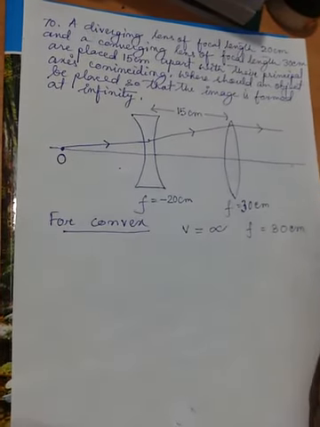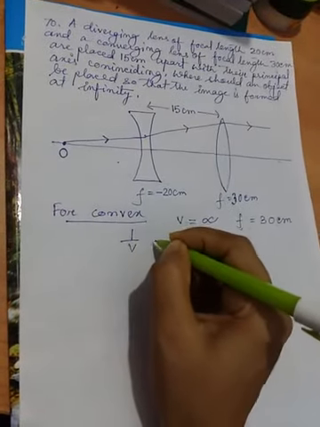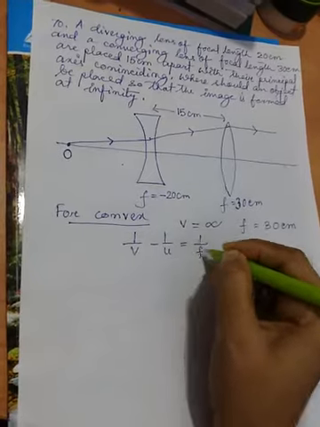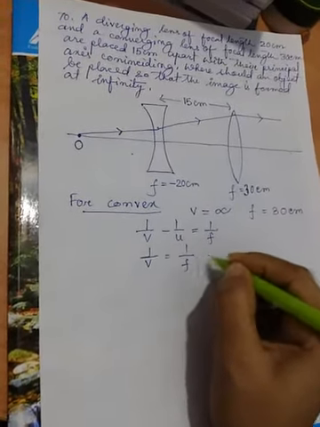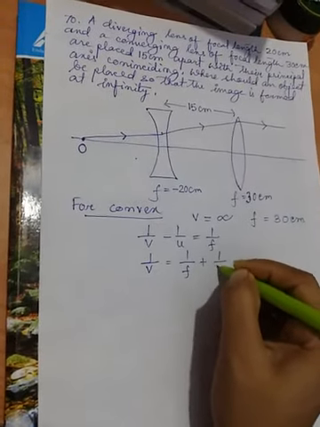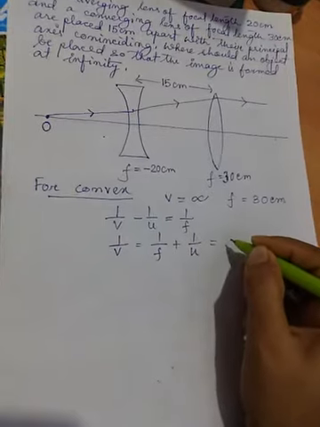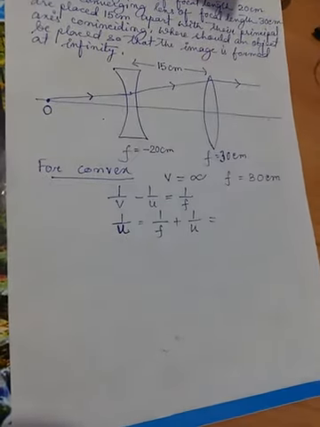We know that 1 by v minus 1 by u equals 1 by f, so 1 by v equals 1 by f plus 1 by u. Our aim is to find the value of u.